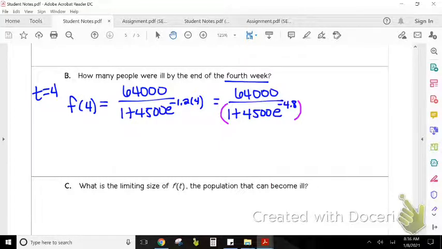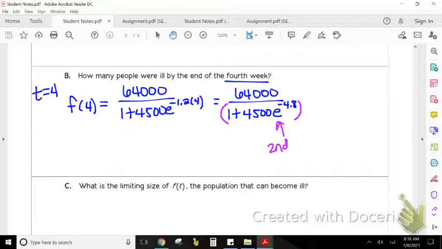All right, so I'm going to type in 64,000 divided by, parenthesis, 1 plus 4,500 times E, which E, guys, is that second LN, okay? Some people like to use the other one, and we found every now and then it's not working. I'm not sure if it's something that people are typing in wrong or whatever, but use the second LN to get to the E, okay?